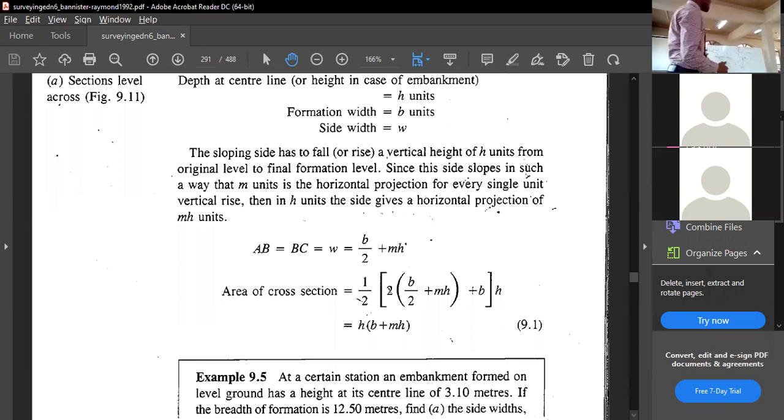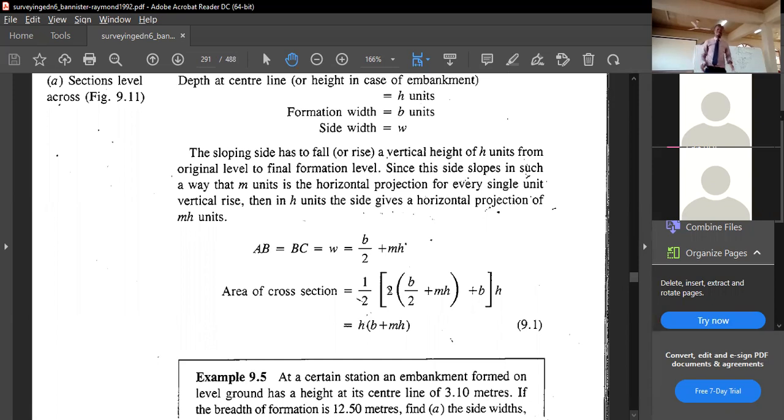What is the area of this cross section? A formula which we give to the mathematicians doing their PhD to derive for us. So we have H into B and H. B plus mH, H. That is the cross-section area.